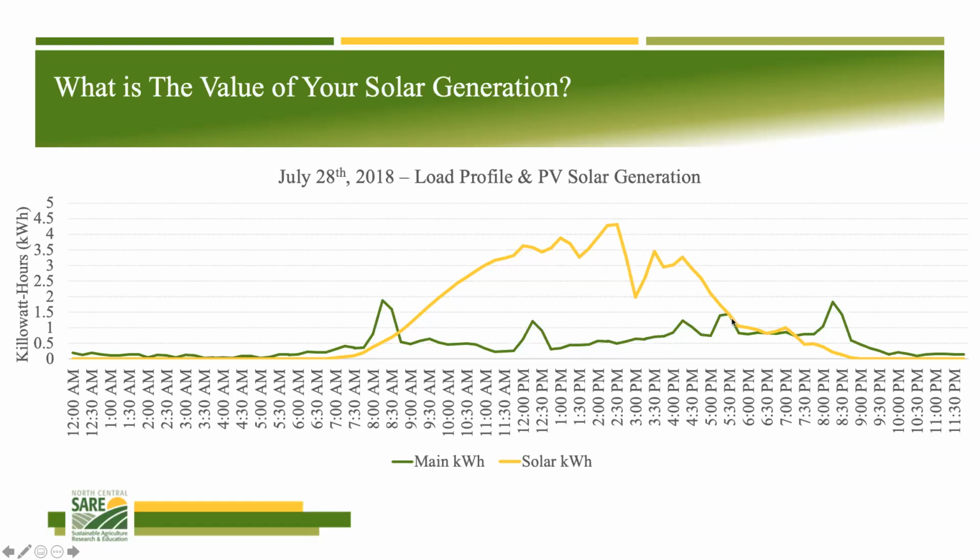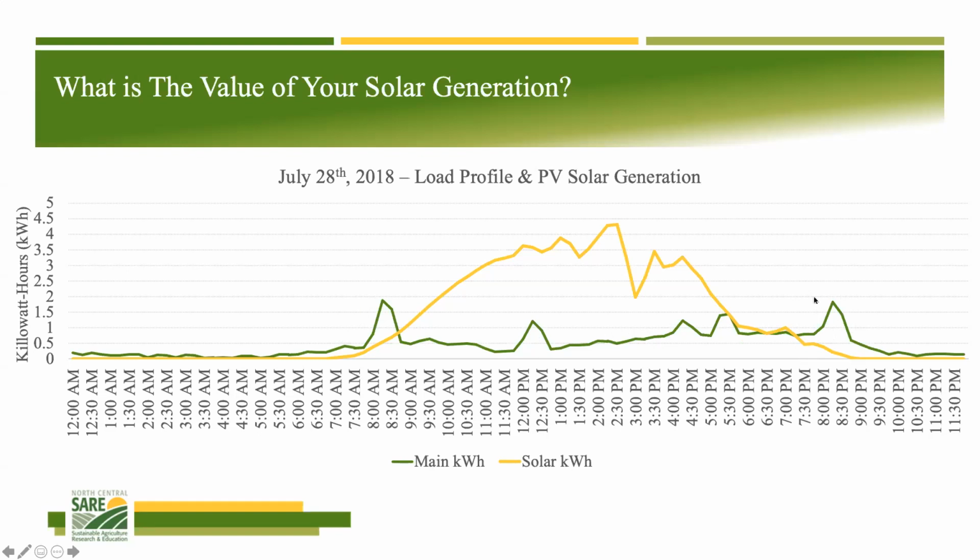We have activity after our solar kicks off for the day. So pigs are still eating, well pumps still kicking on and off. So while we may offset any demand during the day, it's still these evening hours or early morning hours where we wouldn't be removing a demand, we'd simply be moving it to a different time.